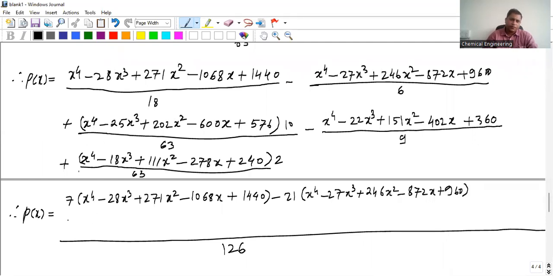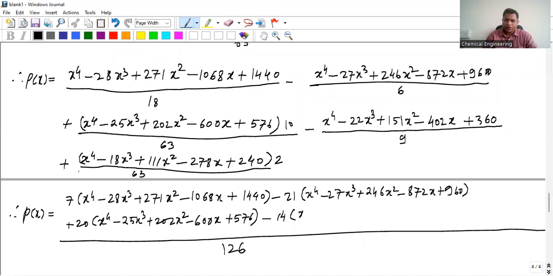What will be the multiplier here? 2 will be the multiplier. Already we have 10 here, so I'll write directly 20 here. 20 times x raised to 4 minus 25x cubed plus 202x square minus 600x plus 576 minus, what will be the multiplier here? 14.